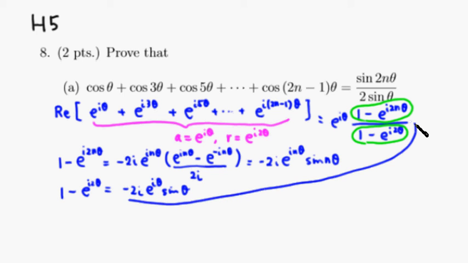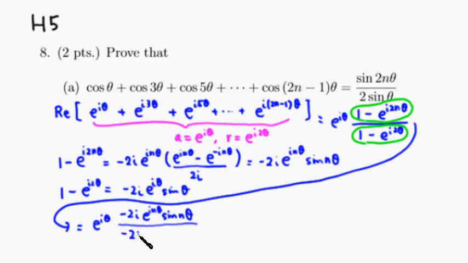Once you have that, we have the expression for this. So I'm going to go down here. You have e to the i theta, and the numerator is negative 2i e to the i n theta sine of n theta. Then the bottom is negative 2i e to the i theta sine of theta.